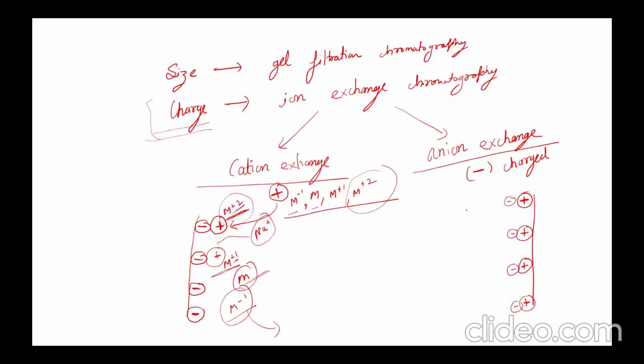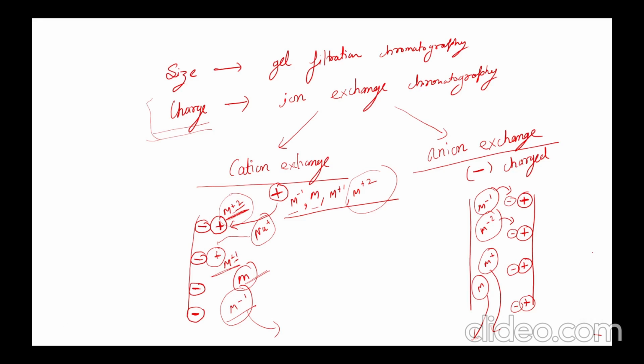When you put the mixture of proteins in this column, the positively charged and neutral ones won't bind, and they will leave in the first elute, but these ones will exchange. That's why it's called exchange.